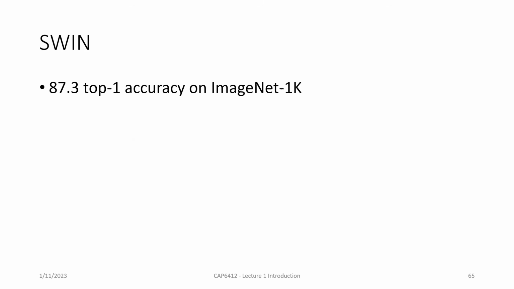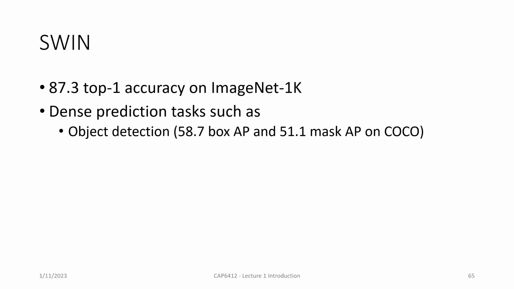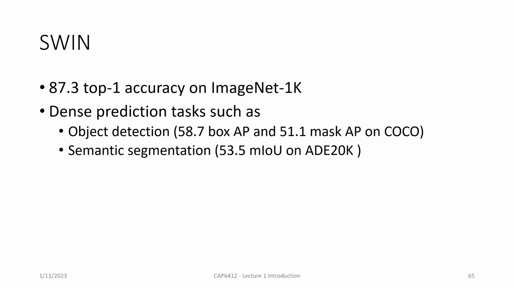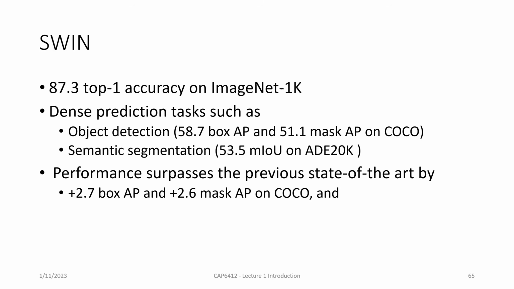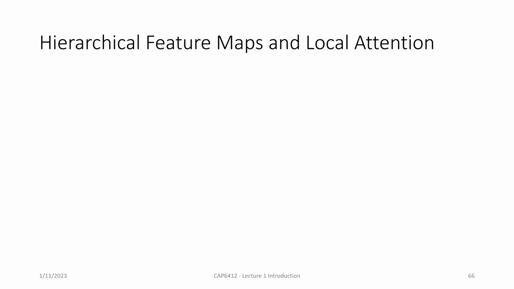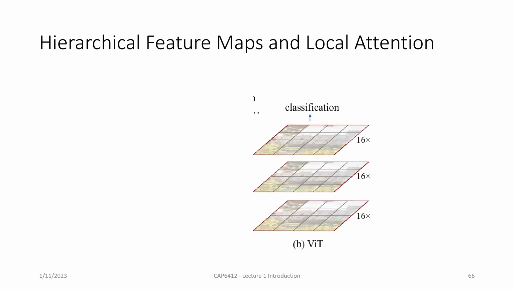It limits attention. We are doing local windows, and we want to allow cross-window connections. They got much better results than ViT, and it's faster. It has better accuracy on ImageNet classification, and they also did other dense prediction tasks like object detection and semantic segmentation, and it surpasses the other approaches, on COCO and ADE20K and so on. Now we are going to look at the hierarchical feature maps and local attention.